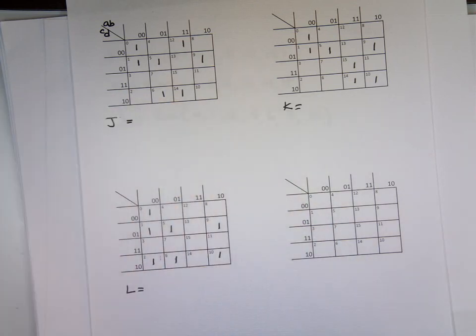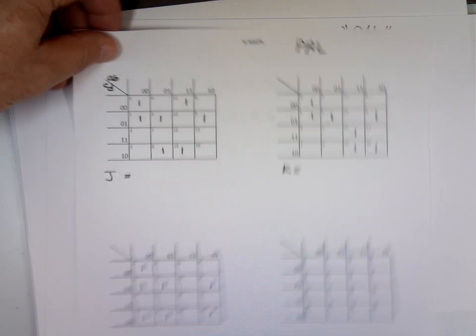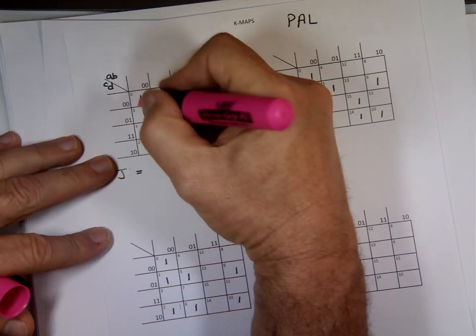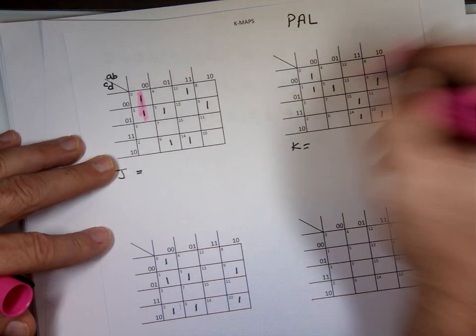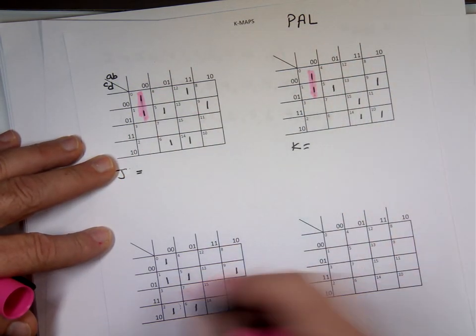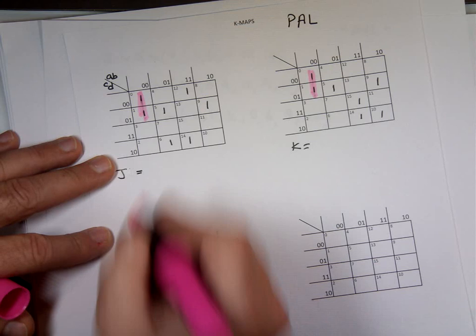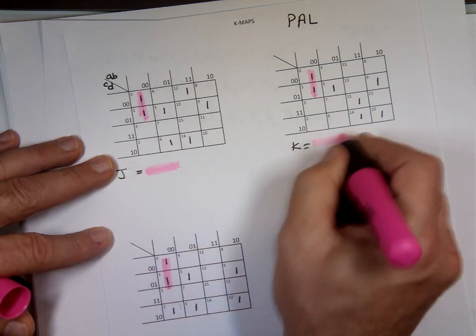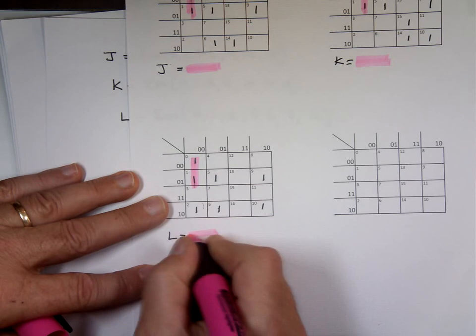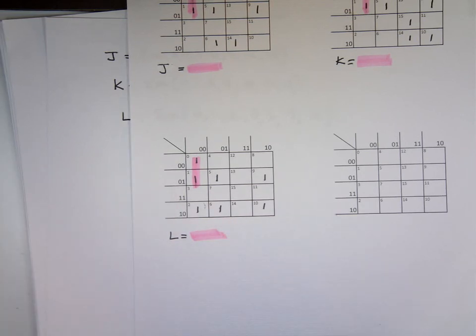I notice there's a few gates that look the same in every place. Can you see it? I'll highlight them in a different color. That's one that shows up in every one of them.